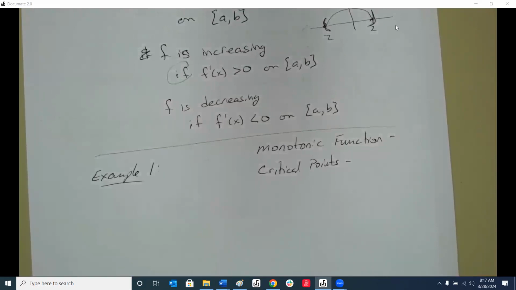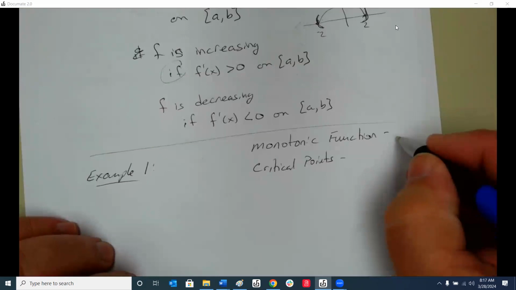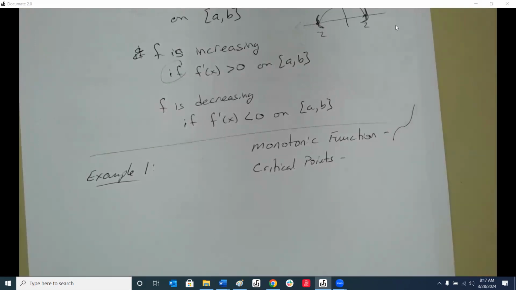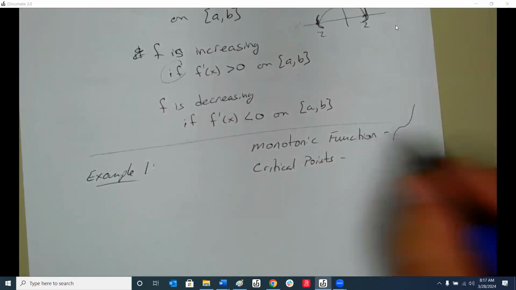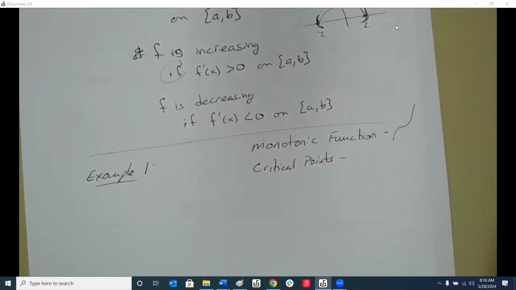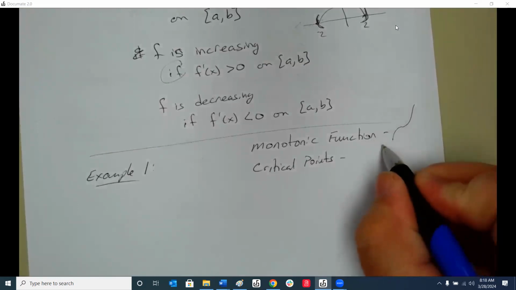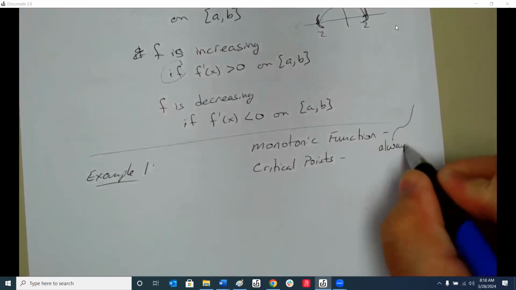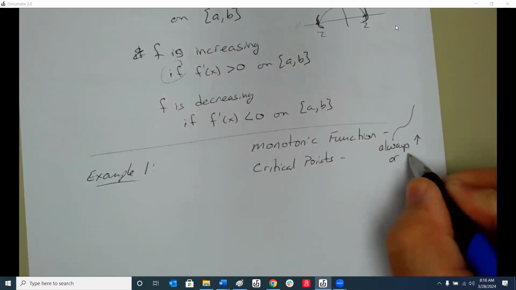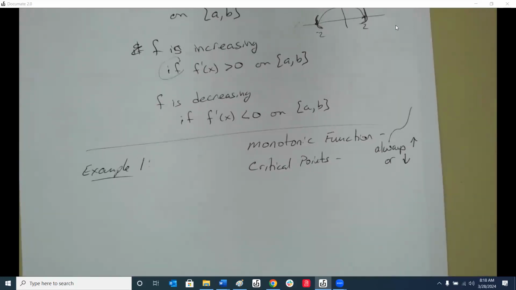A monotonic function is if it is only increasing or only decreasing. That's monotonic. Like a linear equation. It's either always increasing or always decreasing, or the cubic function. If it's monotonic, it doesn't have a vertex. So monotonic functions are always increasing or always decreasing. There's no change.